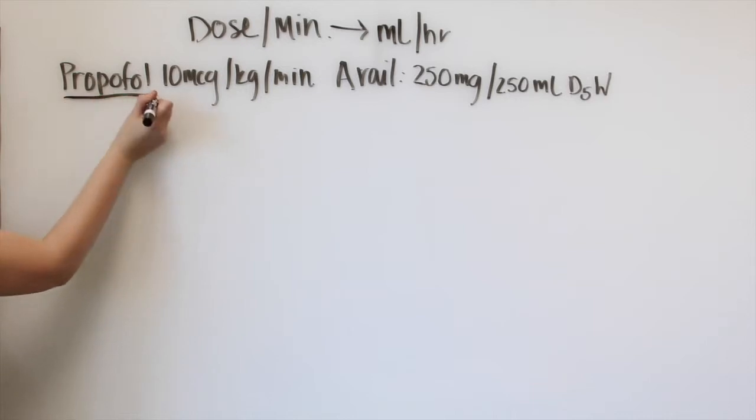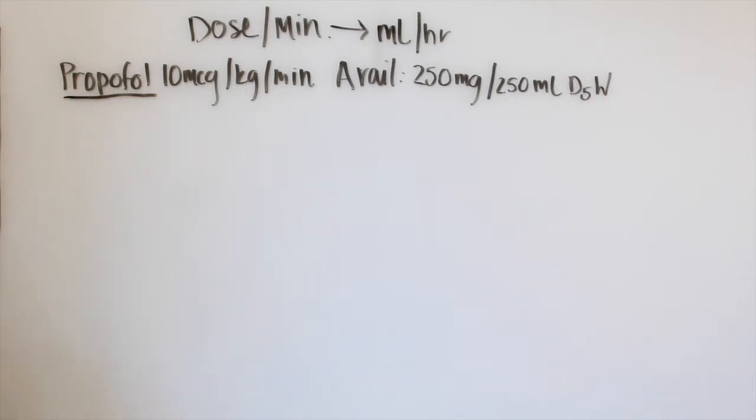This drug, propofol, is an anesthetic, and you do not push this as a nurse. So nurses are allowed to hang this drip on a pump and give it, but this should not be pushed by a nurse unless you're a CRNA or an anesthesiologist. This should never be pushed.